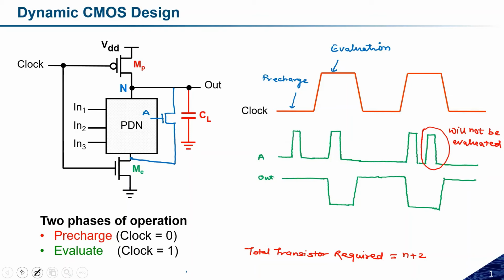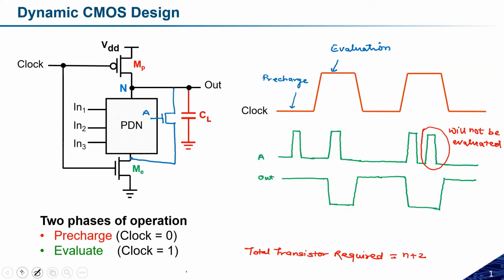To overcome that problem, what we can do is increase the clock frequency so that the pre-charge and evaluation time period will be reduced, so the next input pattern should not come into that one. This is one possible way to overcome that problem, but the problem will still not be solved.